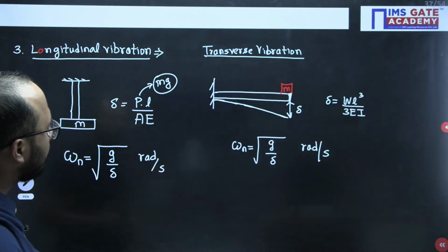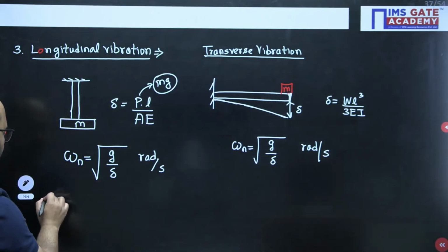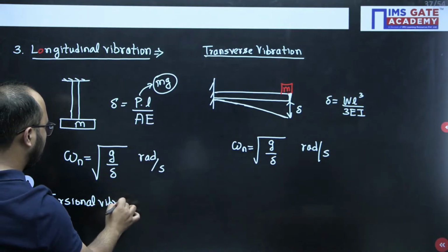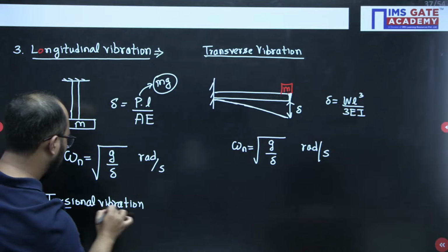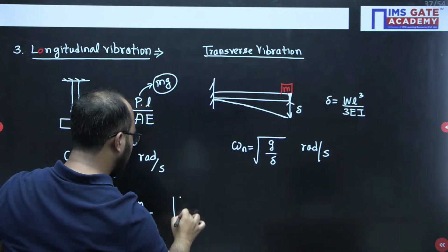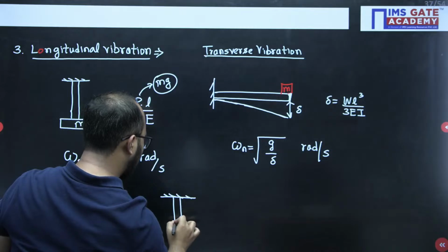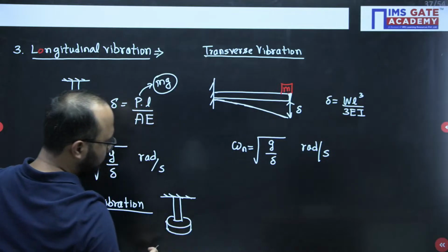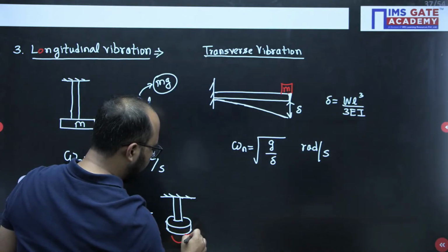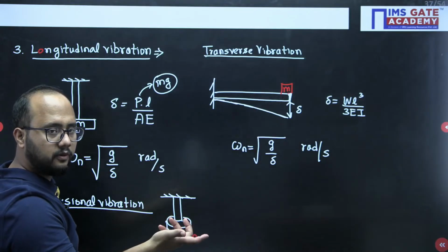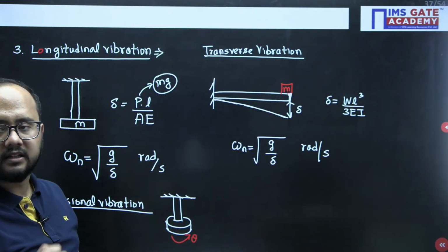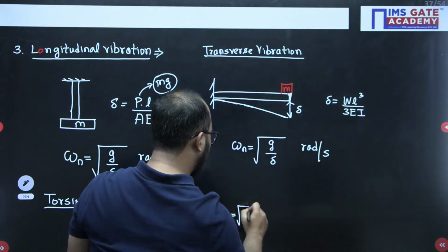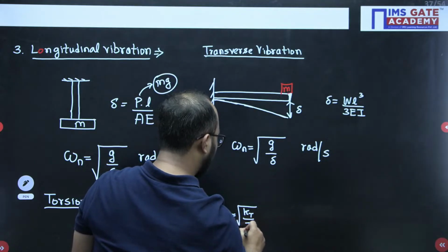Now one more thing, torsional vibration. Here itself I will write. In torsional vibration, let's suppose this is the element and some disc has been attached. Some angular disturbance theta you have provided, and because of that it starts vibrating. For that case, you should remember the natural frequency will be under root KT by I. What is KT?